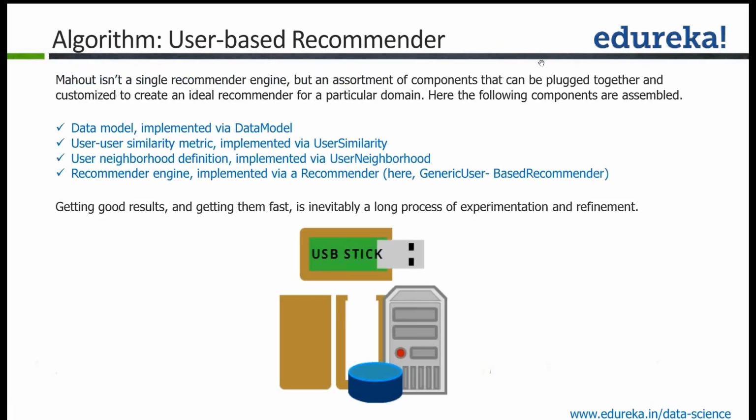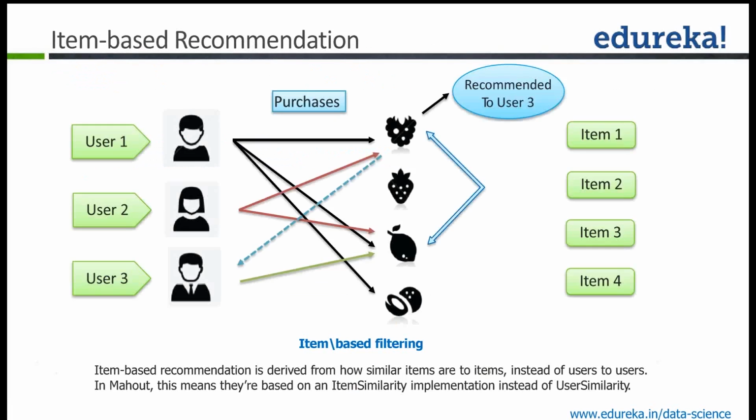We already talked about the user-based recommendation engine, and similarly there is an item-based recommendation engine. So instead of figuring out what to recommend based on the most similar users, you can figure out those recommendations based on the past history of that particular customer.